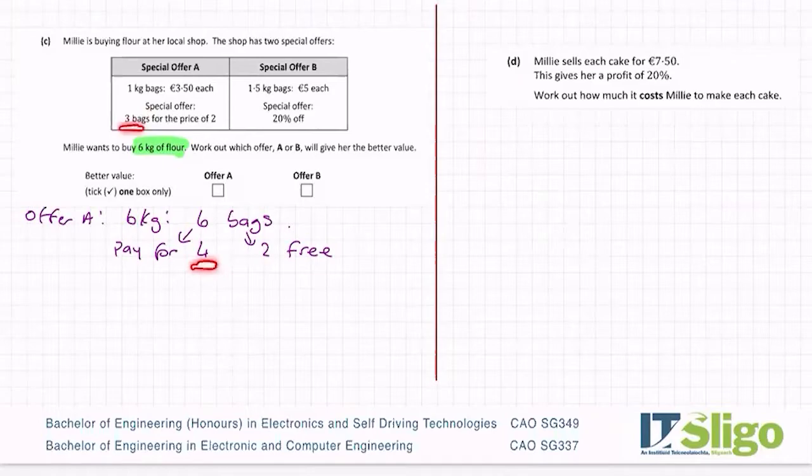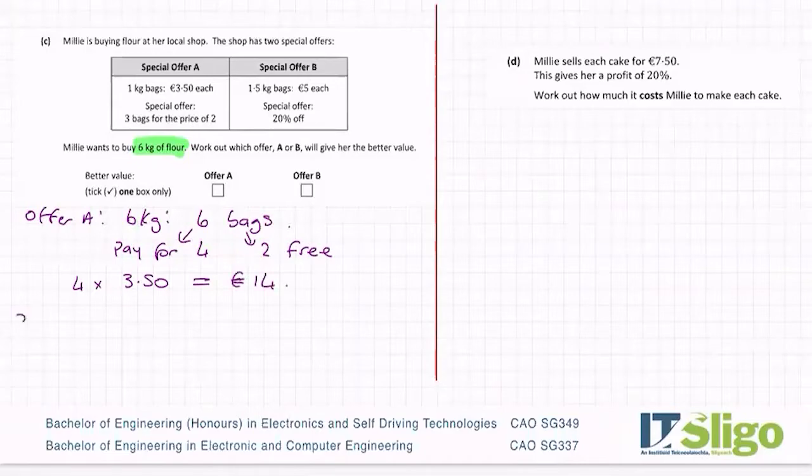So I have 2 bundles of 3 to make up the 6 bags, paying for 2 and 1 free in each one. So I am paying for 4. So 4 by 3.50 equals, I'll pop on my calculator, €14.